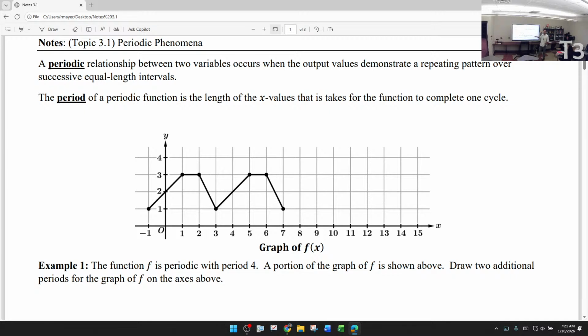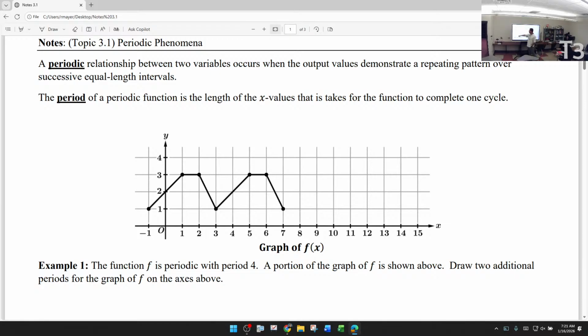Same thing, right? Periodic, repeated patterns. This repeated pattern goes from -1 to 3, and then from 3 to 7. So it must go from 7 to 11 and from 11 to 15. Y'all okay? So every 4 units, it repeats. Okay, with all that, just start thinking about those types of things.